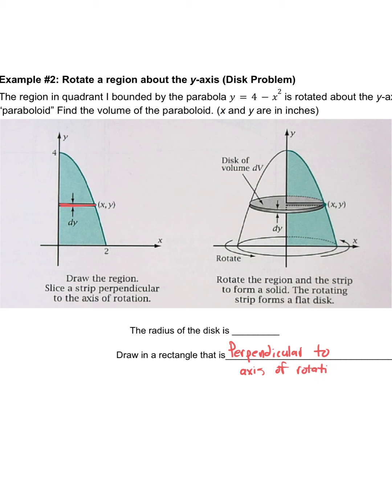So if we are rotating it around the y-axis, our rectangle is horizontal. Now that is a horizontal length, so that is an x value. So the radius is an x value.